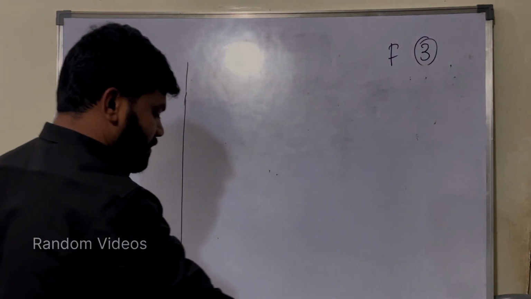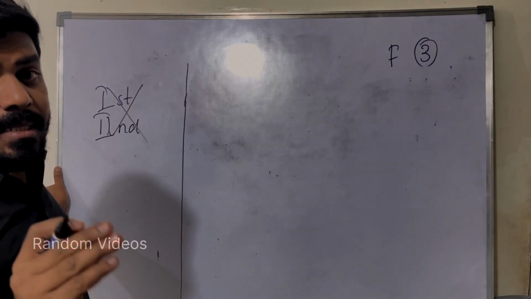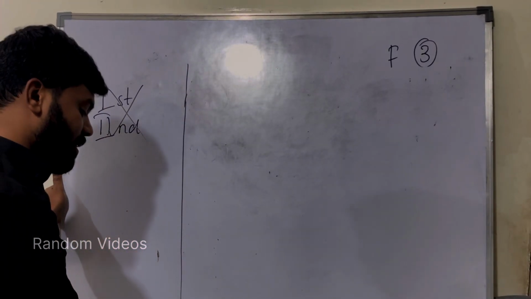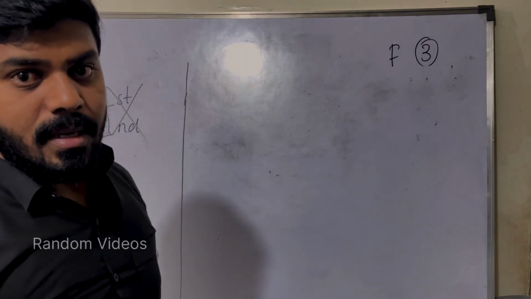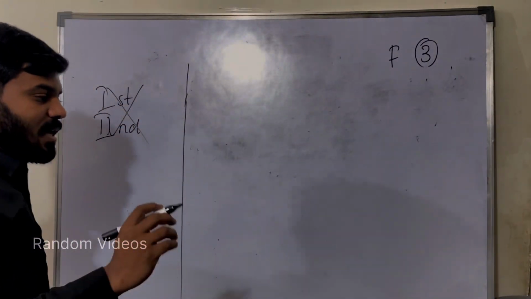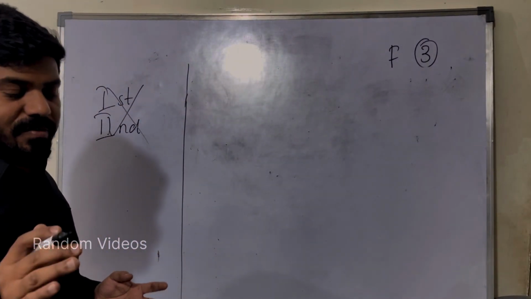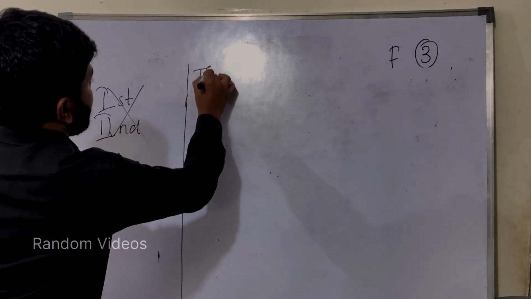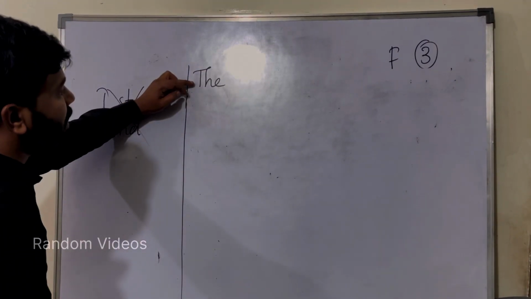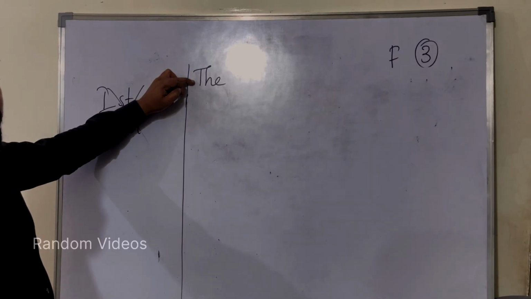Next is the address, that is the receiver's address. In the formal letter, the receiver's address will always begin with the definite article the. T should be capital. T should be capital.